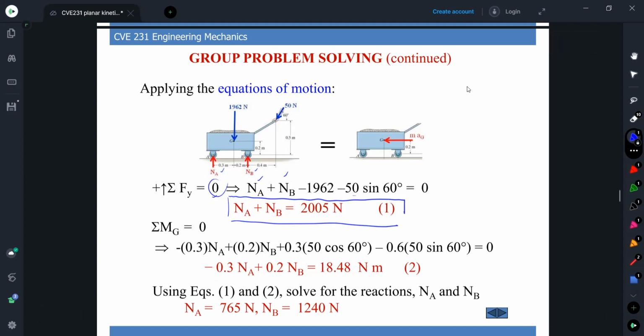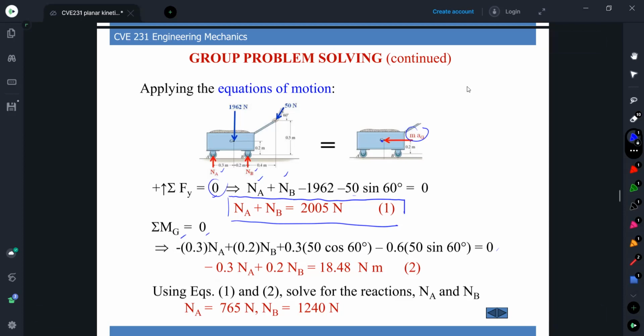Then we take the moment about point G. Since m a_G passes through the point about which we take the moment, it does not produce a moment, so the kinetic moment becomes 0.